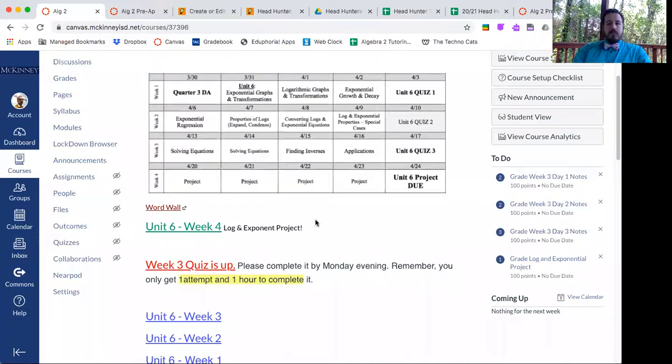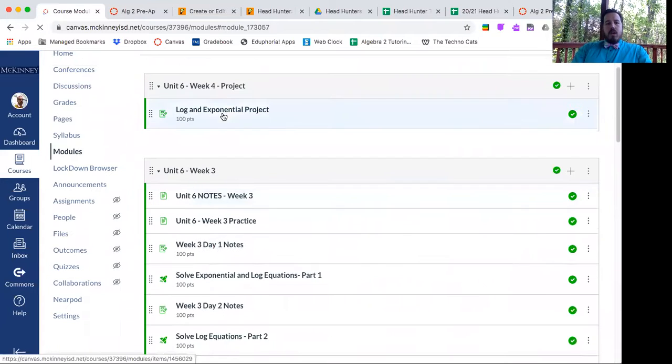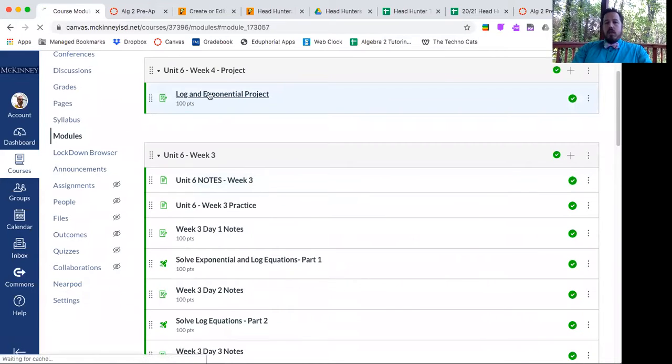Share the screen. Okay, so if you look here, here's the project.